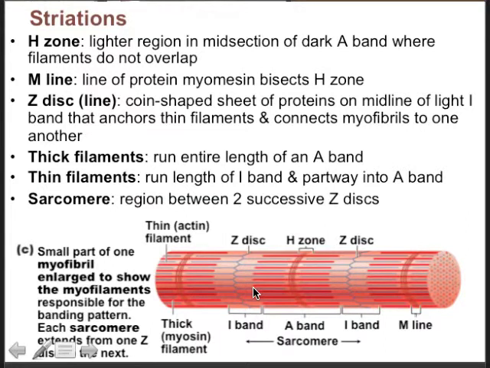The sarcomere is simply the region between two successive Z discs. So in this diagram, the sarcomere would run essentially, and let's use blue for this, from this region over to this region there. Okay, so we'll say one sarcomere.